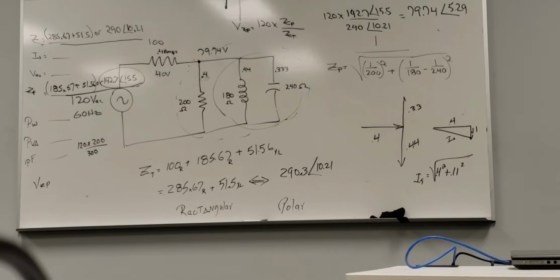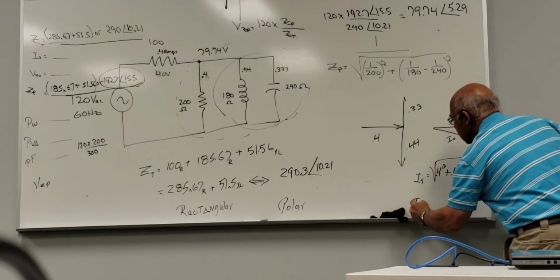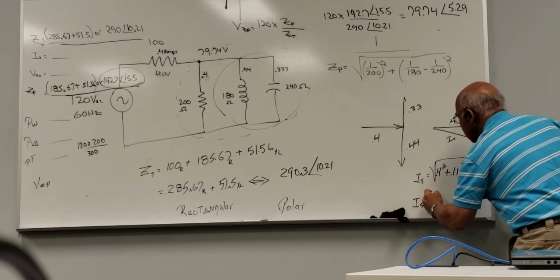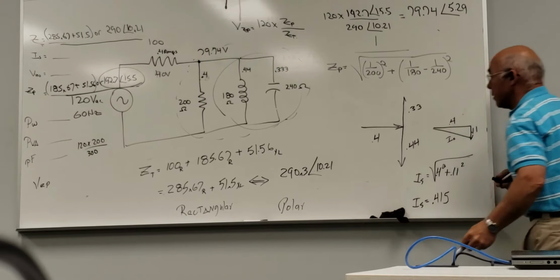Four squared plus 0.11 squared equals, square root, answer equals 0.41. I'll say 0.415.